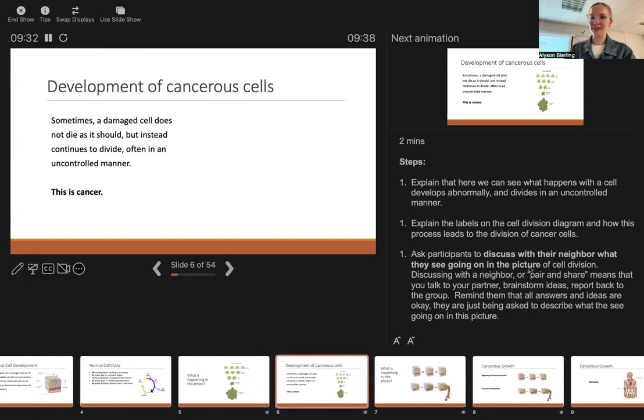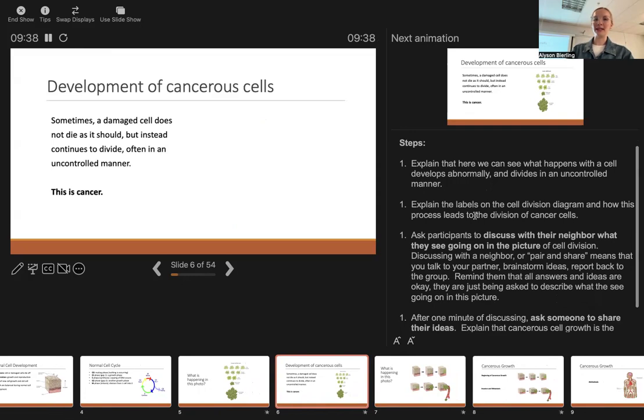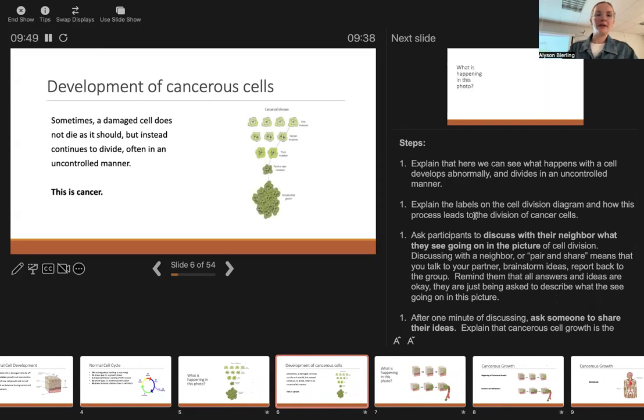So this image is showing, as Ntate described, what happens when a cell develops abnormally and then continues to divide in an uncontrolled manner. Usually in a normal cell, if there is any damage to that cell, there are checks and balances in our body that will say, this is not normal.